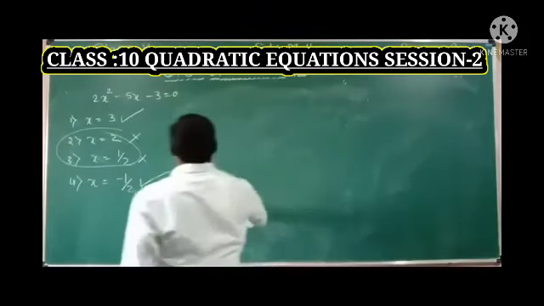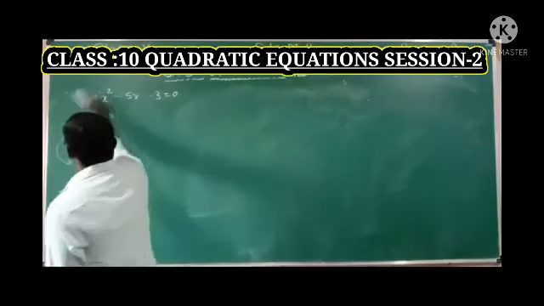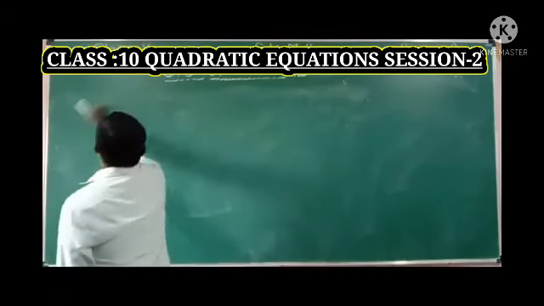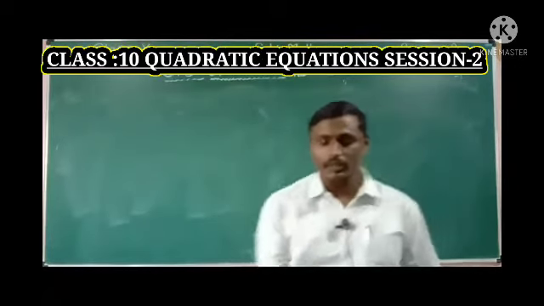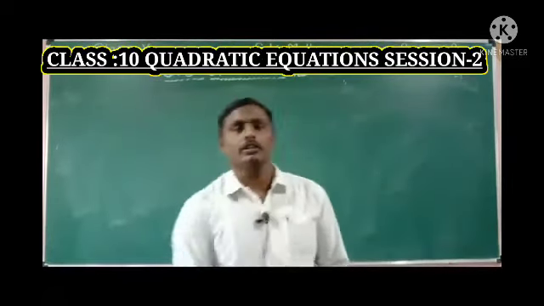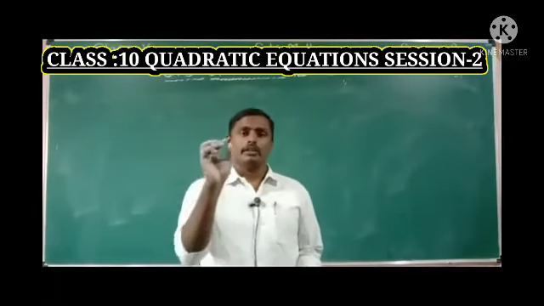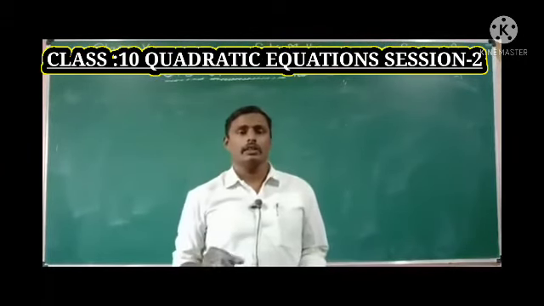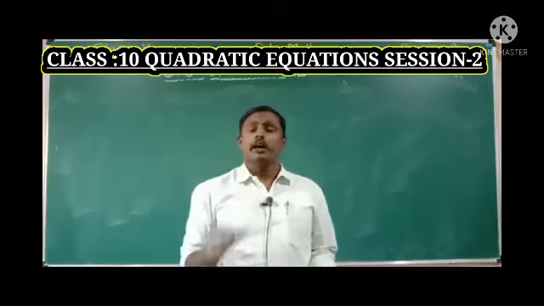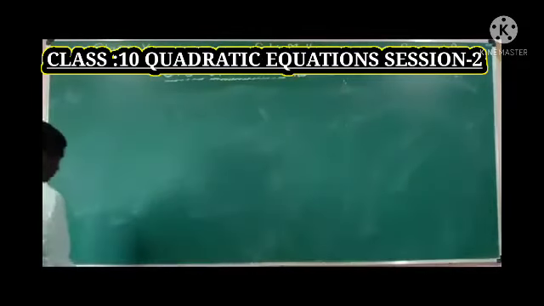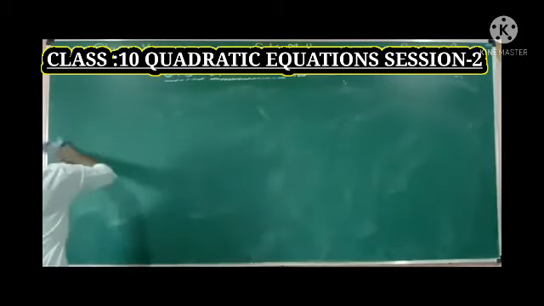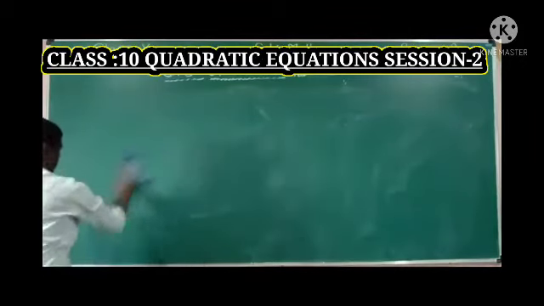Here you can simplify the quadratic equation by using different methods. For example, the same quadratic equation can be solved by completing square method or factorizing method or by using the quadratic formula. So these are some methods we use to simplify quadratic equations.